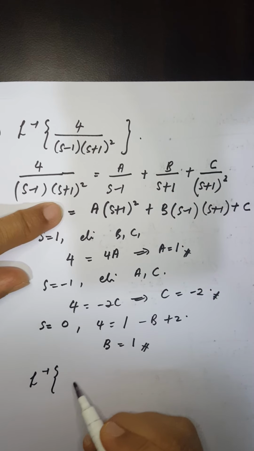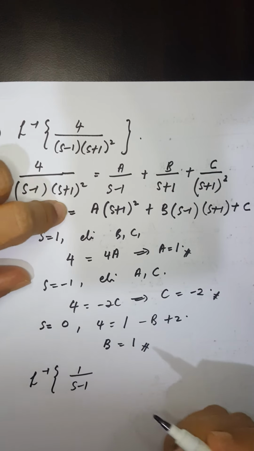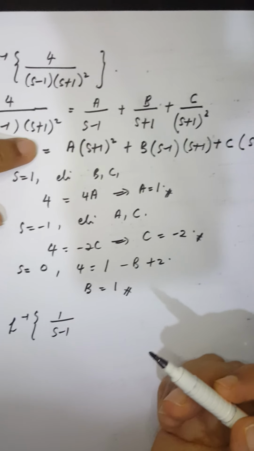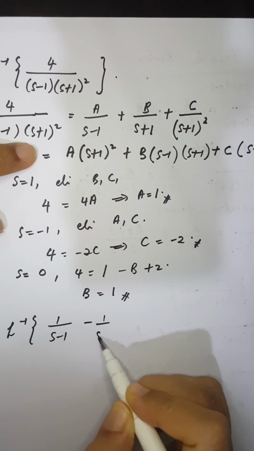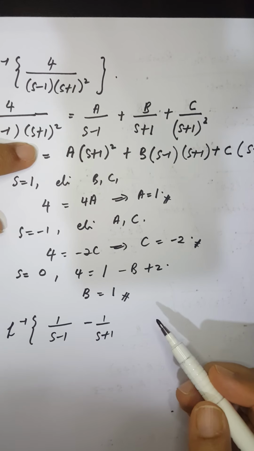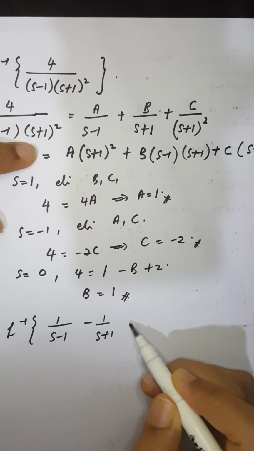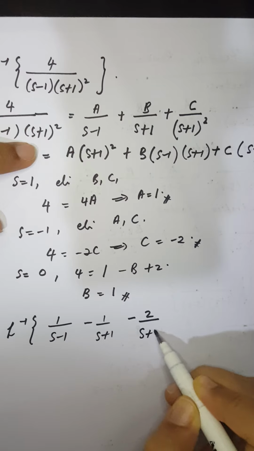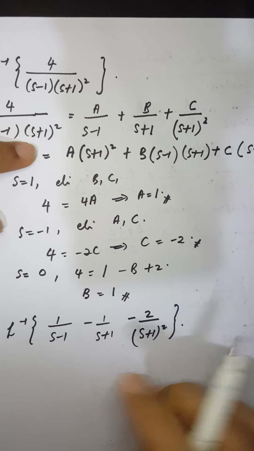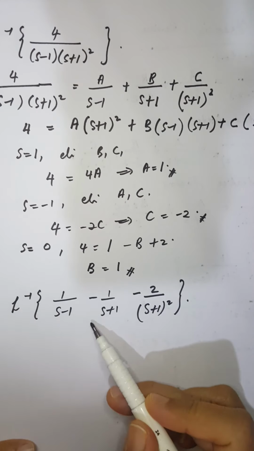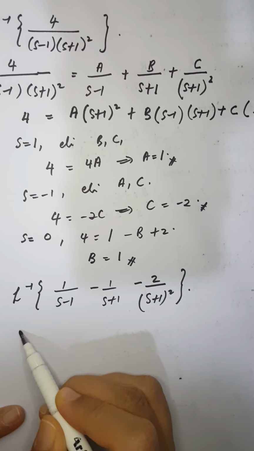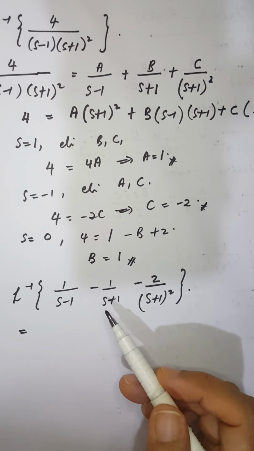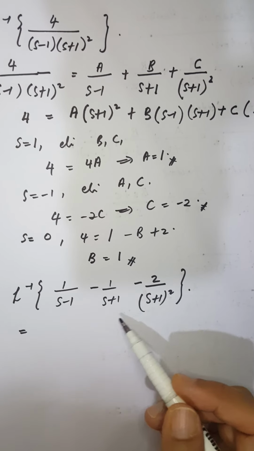A equals 1 over s minus 1, and B equals 1 over s plus 1, and C equals negative 2 over (s plus 1) squared. So now we have functions that are ready to be inverse Laplaced, because we have these functions in the table.